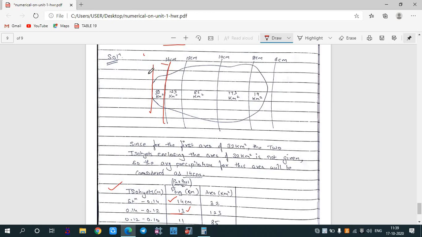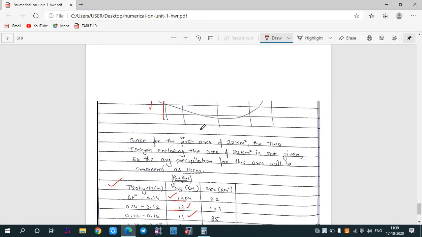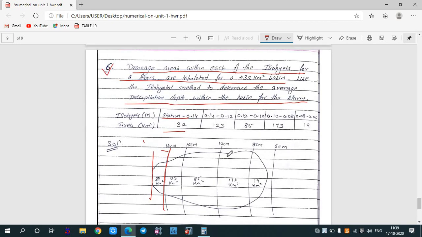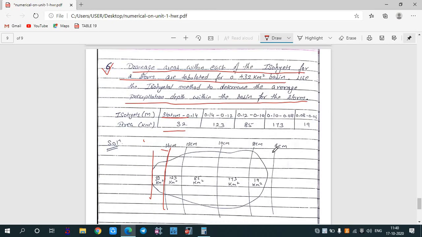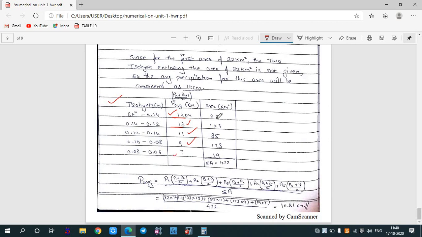Since it is not having any station on this side, the average of the first will be directly 14. After that, the next one is 12 plus 10 divided by 2, that will give you 11. After that 10 plus 8 divided by 2 gives you 9. After that 8 plus 6 divided by 2 gives you 7.